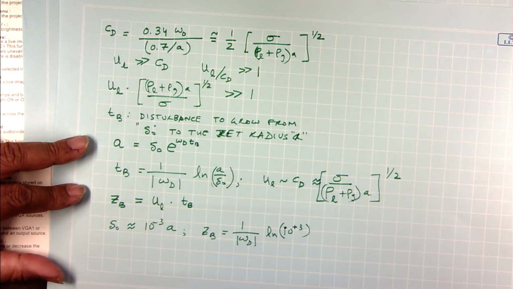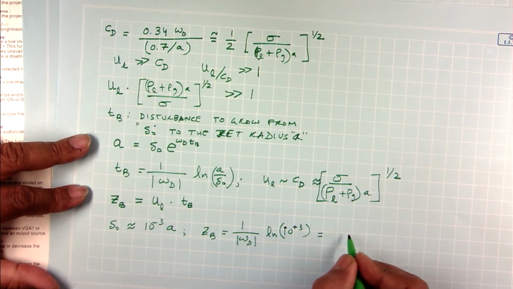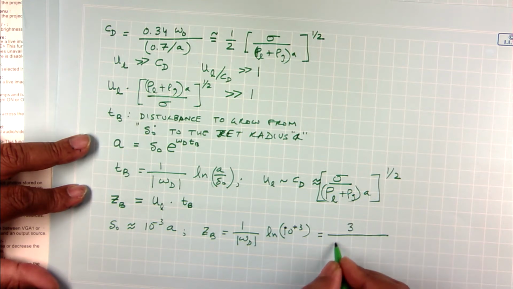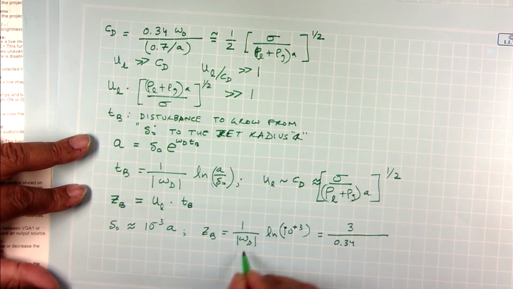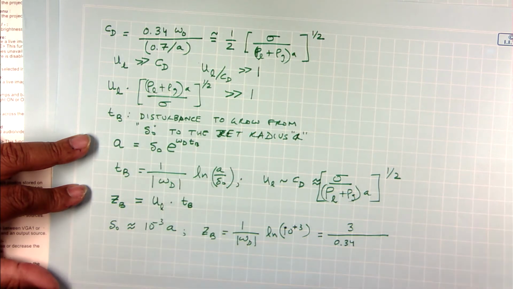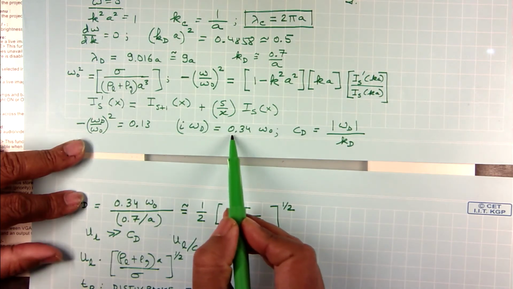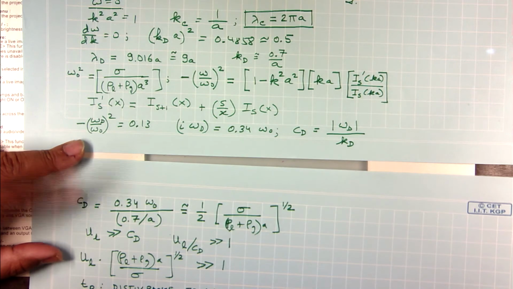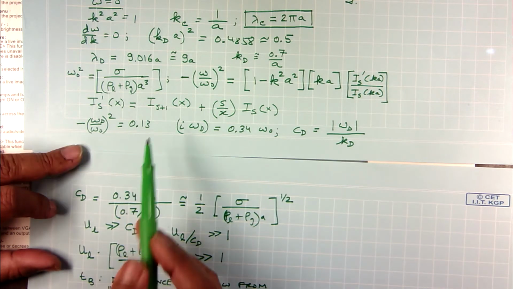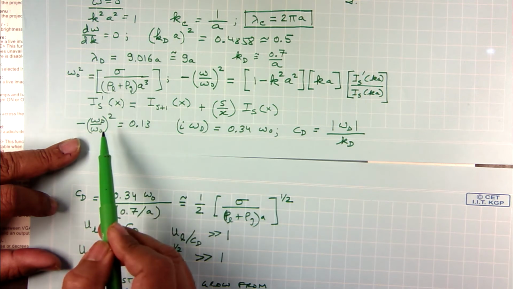And so, in essence, this is equal to 3 divided by 0.34, and omega d we said was, what did we say omega d was? Omega d was 0.34 times omega naught, and what was omega naught equal to? Let us see, we wrote down omega naught somewhere.